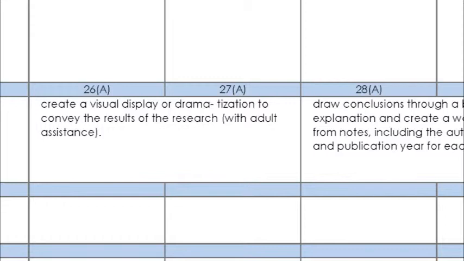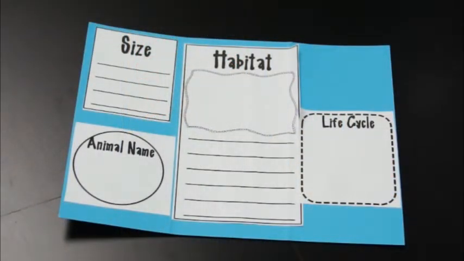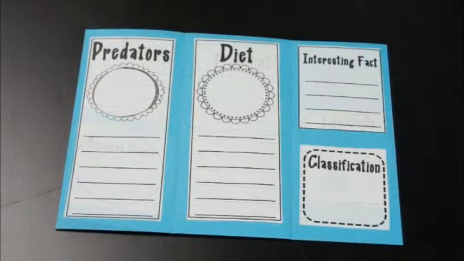And notice that you're having to create a visual display or a dramatization to convey the results of the research. And again, this is done with the assistant. And so this can easily be as simple as a trifold, to where if the student is investigating an animal, these could be the different questions, the different findings that they have.